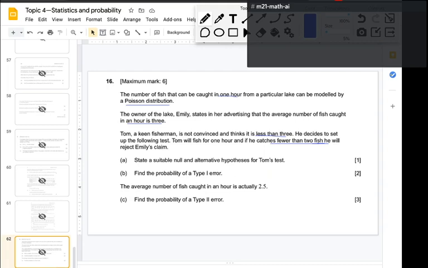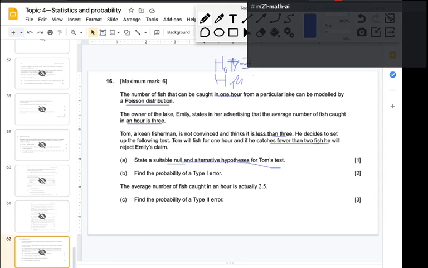Now you have to state the null and alternative hypothesis for Tom's test. So that would be H0: the mean equals 3. And for the alternative, H1: the mean is less than 3.